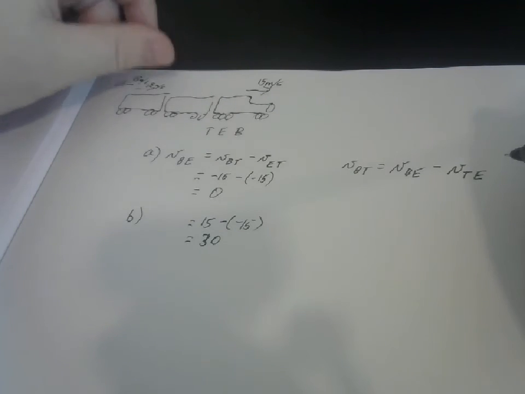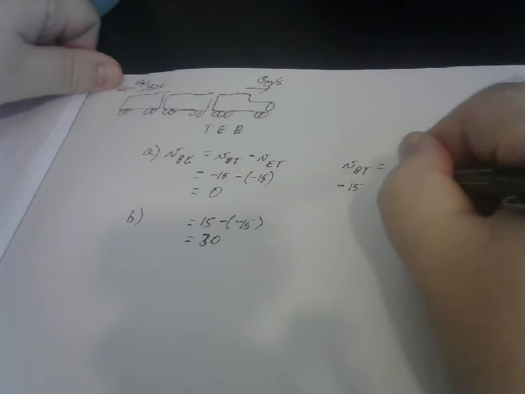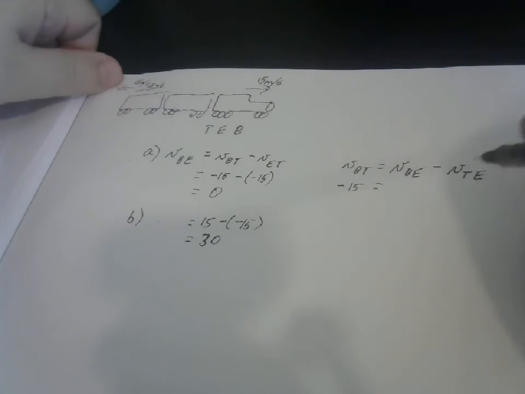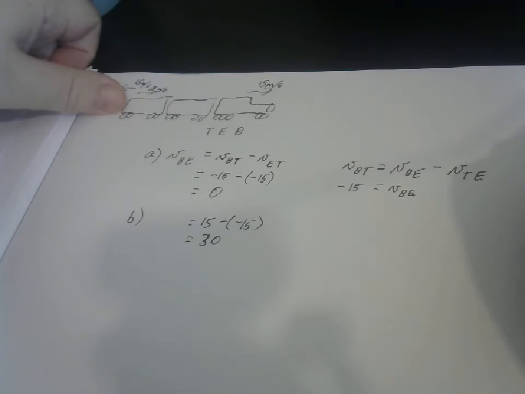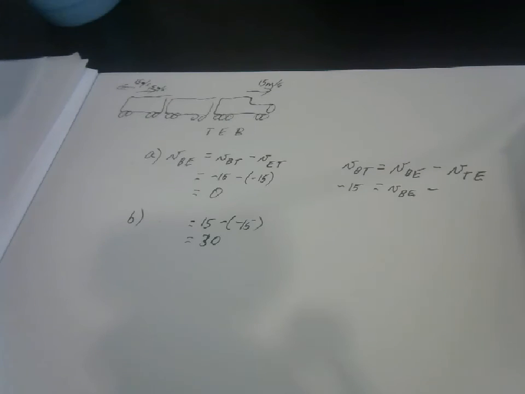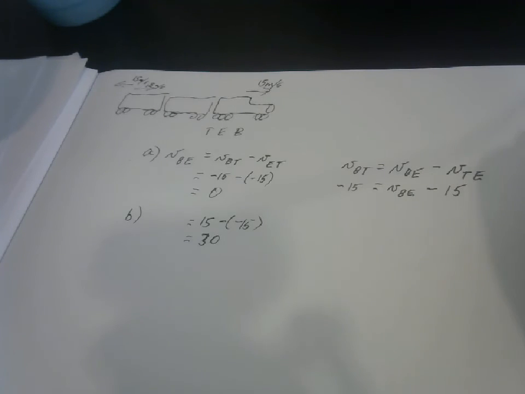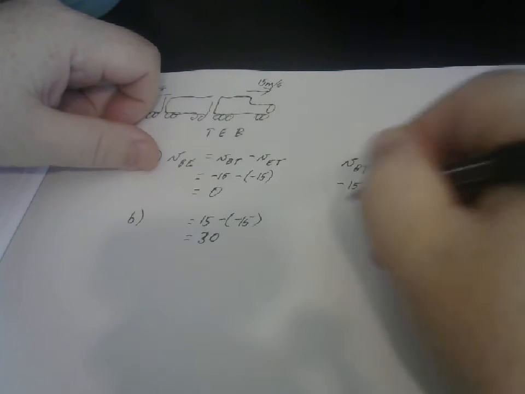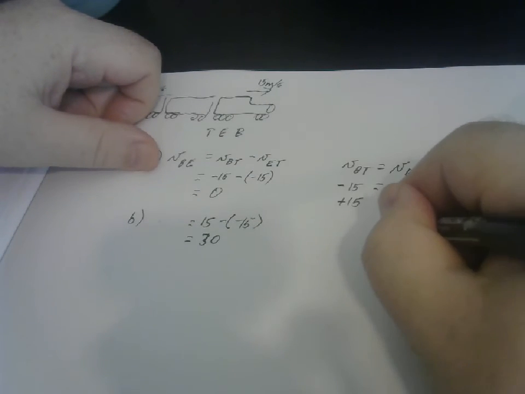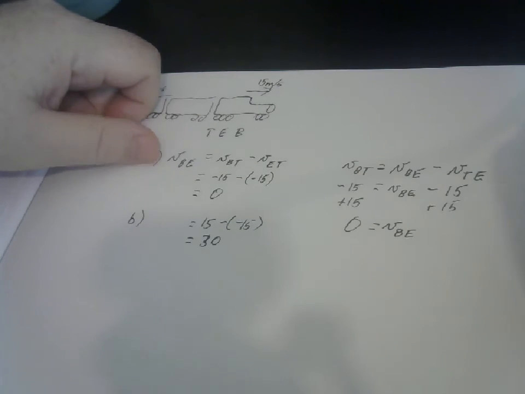The velocity of the ball with respect to the train was negative 15 equals velocity of the ball with respect to the Earth, which was what we wanted to solve for, and then minus the velocity of the train with respect to the Earth, which was 15. So adding 15 to both sides, you get velocity of the ball with respect to Earth equals 0.